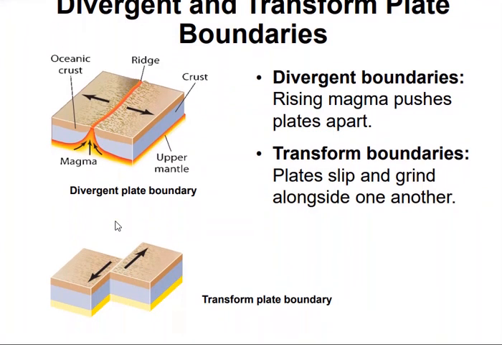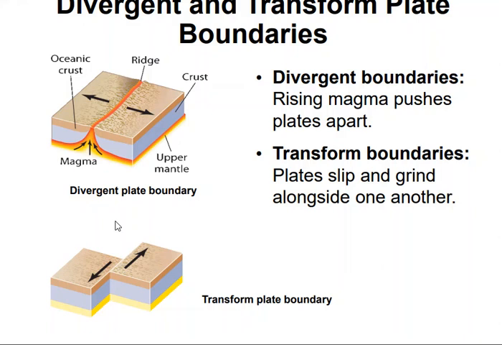Okay. Transform boundaries: when two plates meet, they kind of rub against each other. They may slip and grind alongside one another, and when this happens, they're forming a transform plate boundary. The friction between plates at transform plate boundaries will often cause earthquakes.